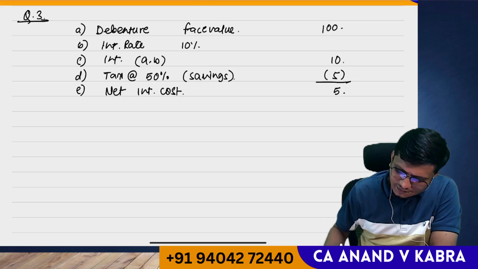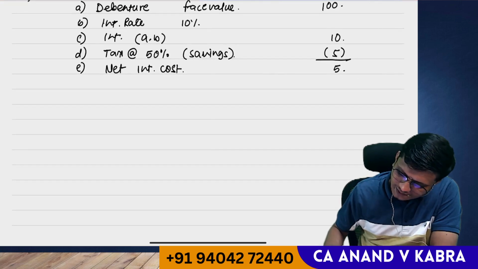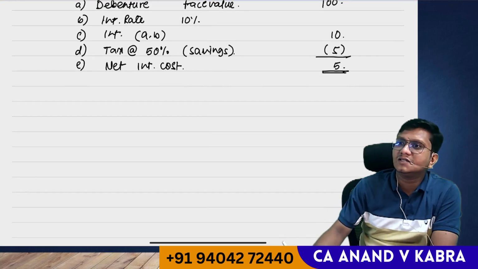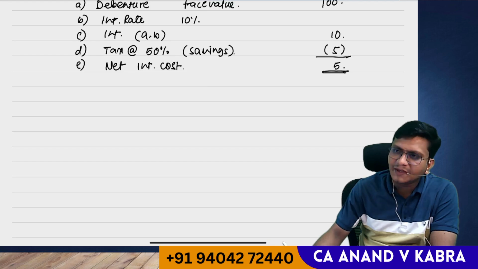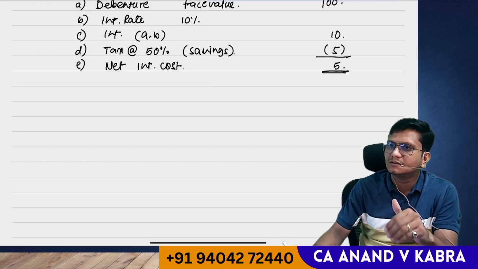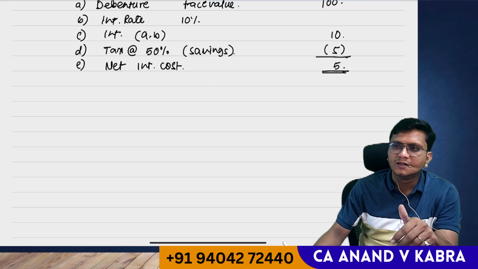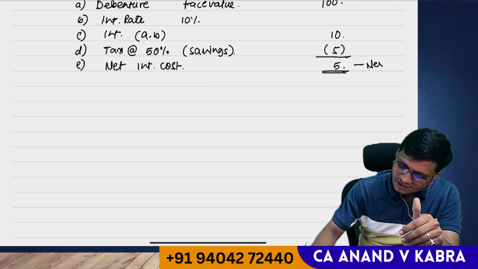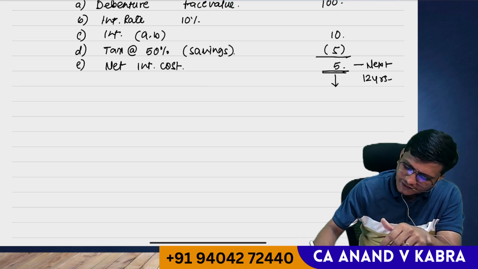Next, now do understand, 5 rupees will be paid at the end of each year. Actually you will be paying 10 rupees, but because of tax saving, it will look like you are paying 5 rupees for next 12 years. So this is in the form of annuity.